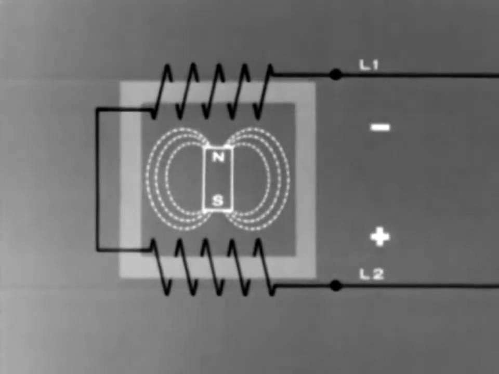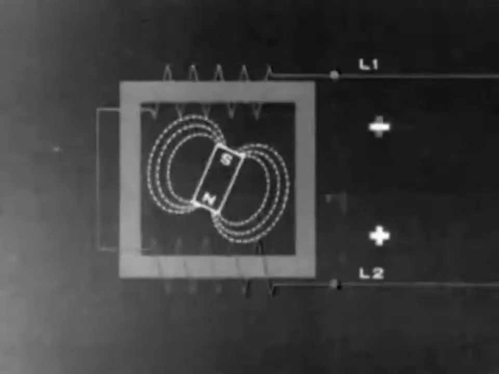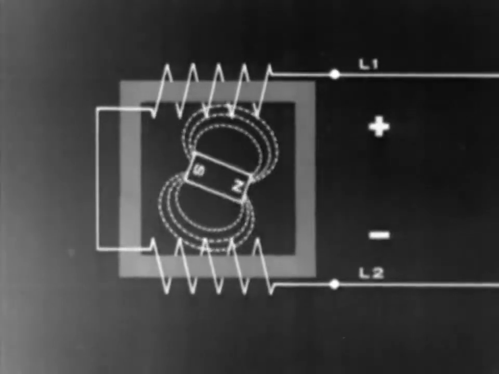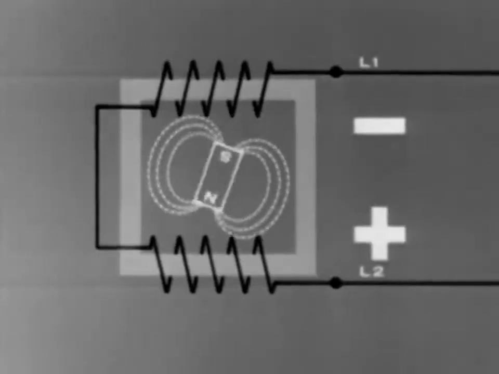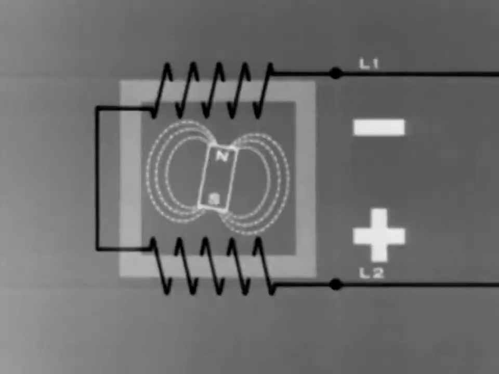Some generator magnets are located within a coil. Each time the magnetic lines of force of the magnet rotate across the wires in the coil, a potential is induced. Because of the difference in polarity of the magnetic poles, the induced voltage is alternately negative and positive.